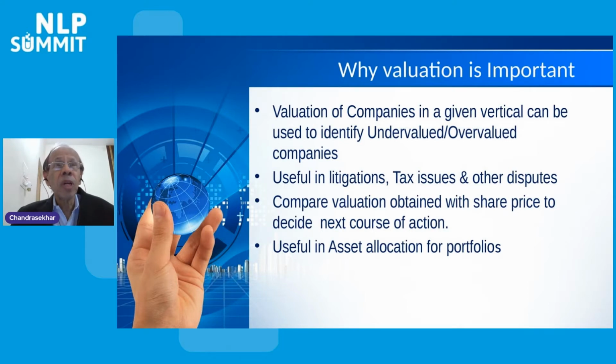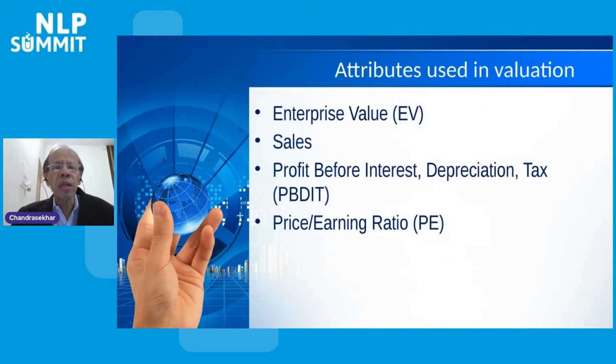We can use company valuation to identify undervalued and overvalued companies. It is also useful in litigation, tax issues, and other disputes. Company valuation is compared with the share price to determine the next course of action. It is useful in asset allocation also.